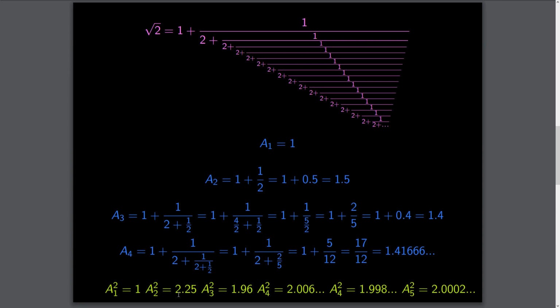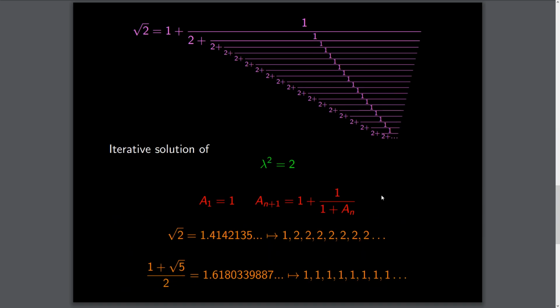And I have calculated some of the approximate values of the squares of these iterations, and you can observe that the square of the fifth iteration is 2.0002, which is enormously close to 2. And thereby you can have an empirical sense of how well the square root of 2 is approximated by this infinite continued fraction.